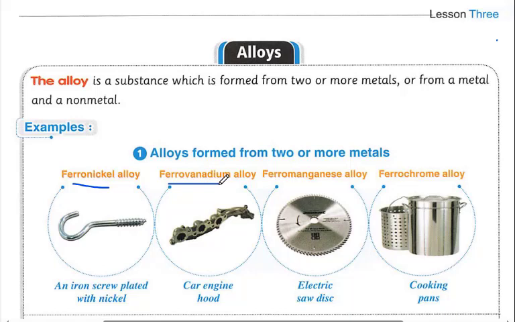If you remember from the economic importance of the main transition elements, we said that ferro-vanadium is used also in car hood engines and car springs. Ferromanganese is used in railway tracks and electric saw discs, and ferrochrome alloy is used in cooking pans.